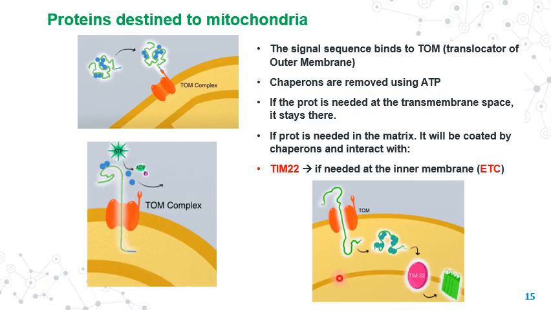Remember that pain? It comes back. The electron transport chain is inside the inner membrane. And what is making up the chain? Those are integral proteins. And where do you think they come from? Some of them get imported. And that's the job, to stick them in the membrane.